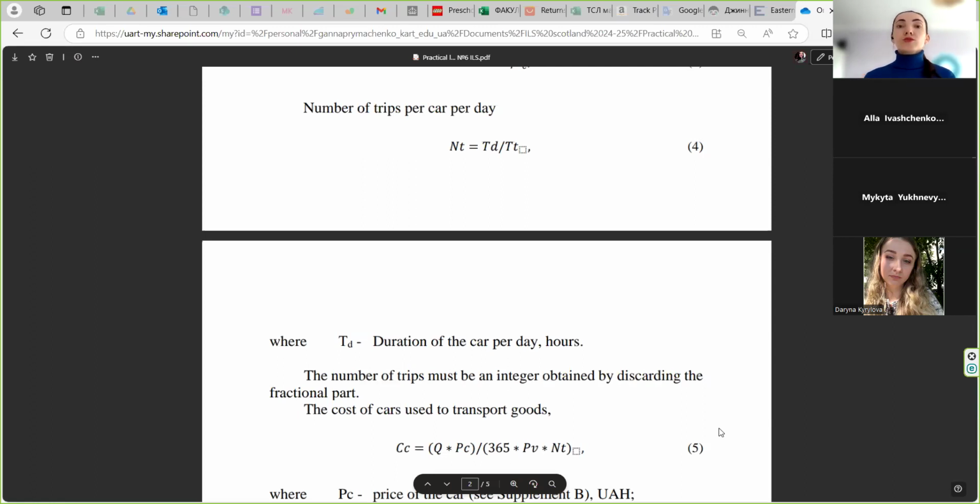Okay, calculate how many trips we can do by one car during the day. Okay, I think you calculated it.